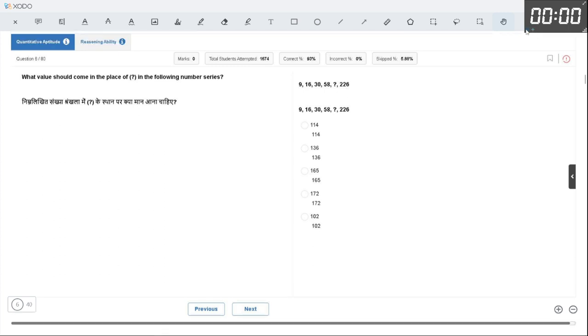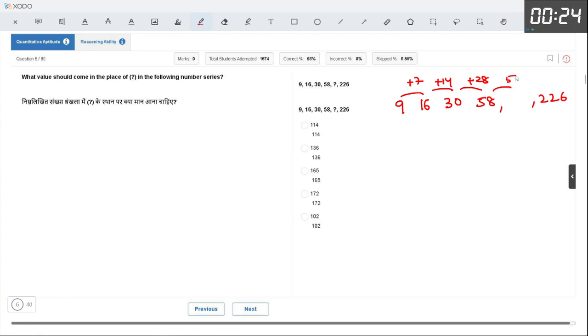Okay, so let's start. See here 9, 16, 30, 58, 226. It seems like it doubles, so take the difference first: plus 7, plus 14, plus 28. See, it is doubling. 7 times 2 is 14, 14 times 2 is 28.